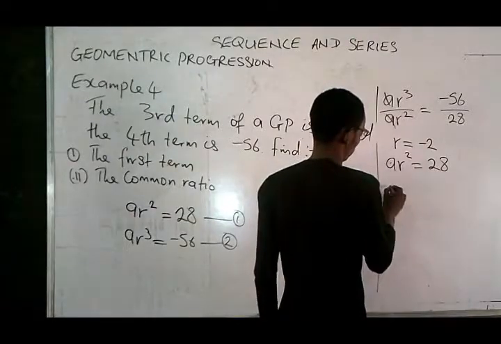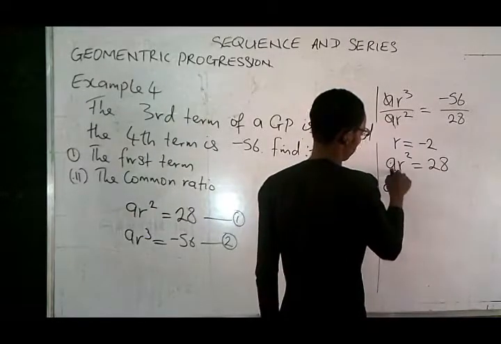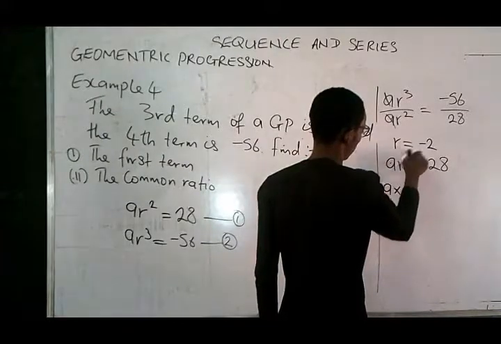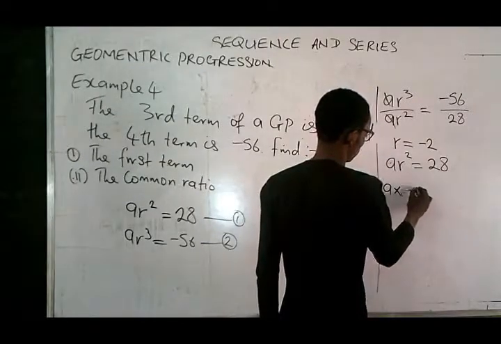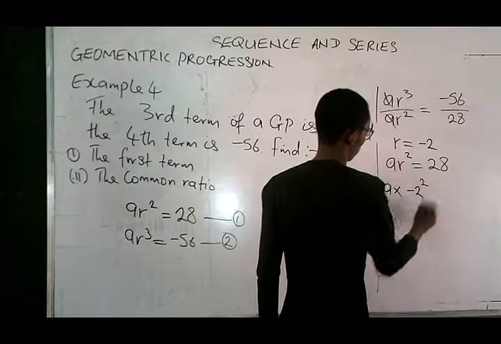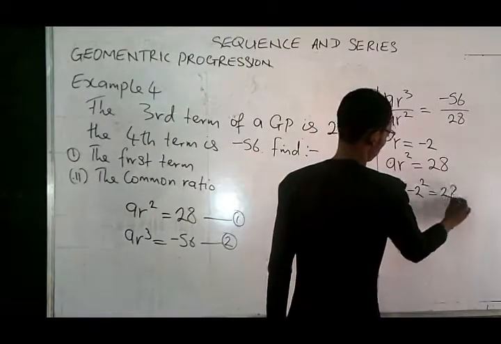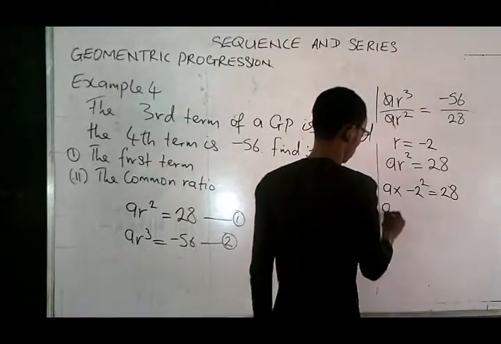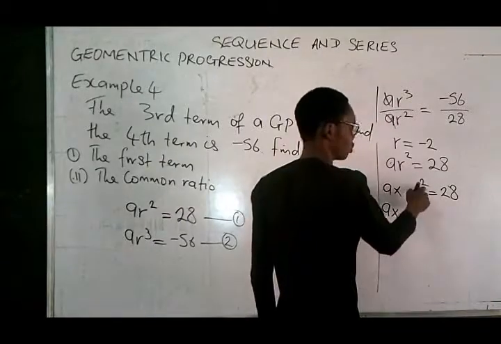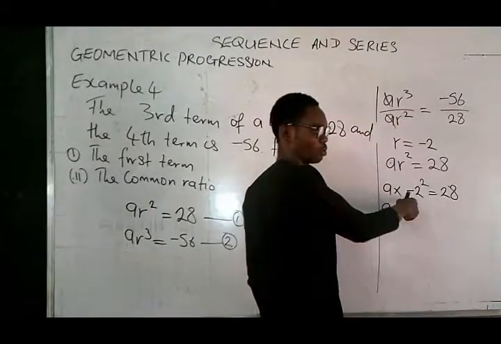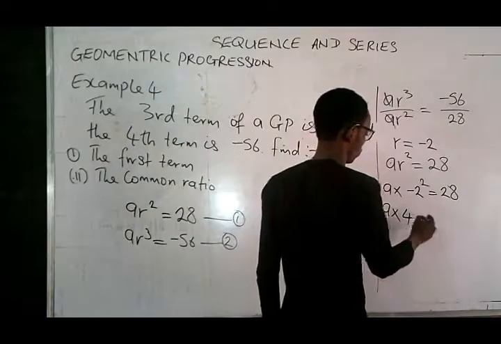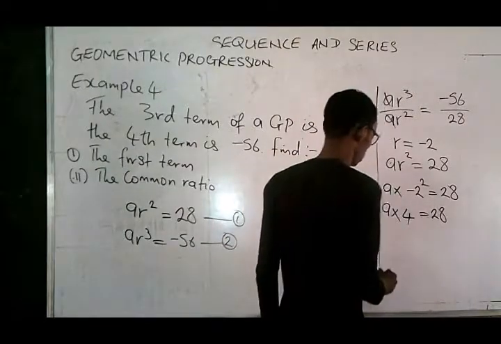a times r, which is minus 2, squared, equals 28. A times the square of minus 2, which is 4, equals 28.